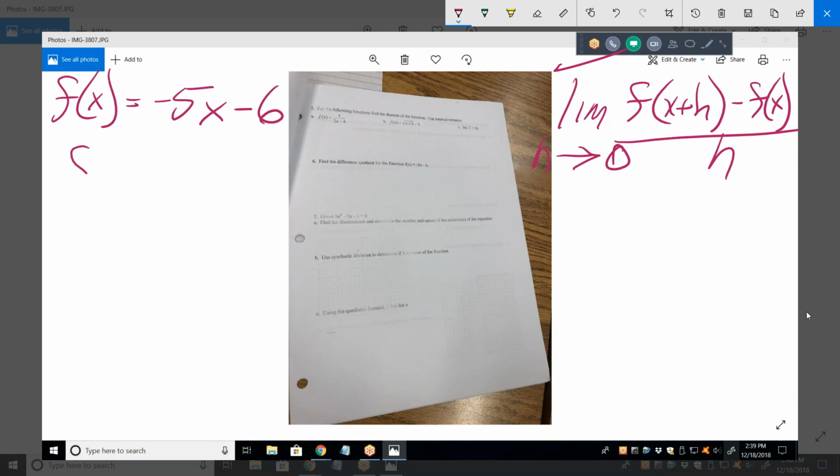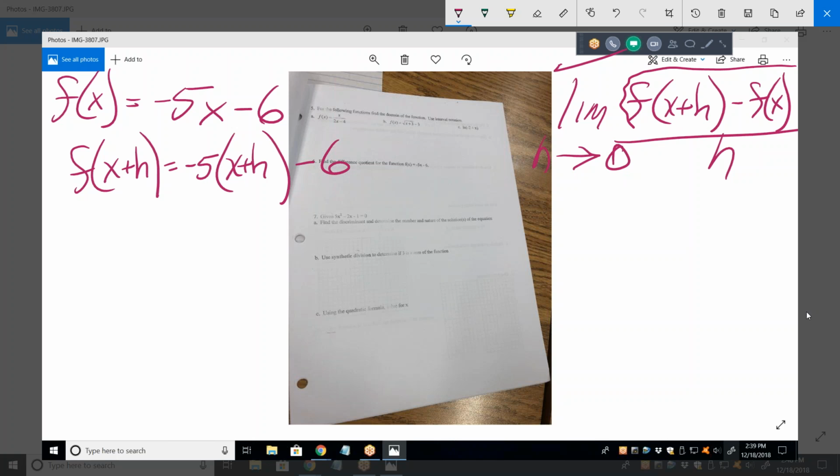Tell me what f of x plus h is. Negative 5 times x plus h, and then minus 6. Okay. So I've got f of x, and I've got f of x plus h. So let's do this.